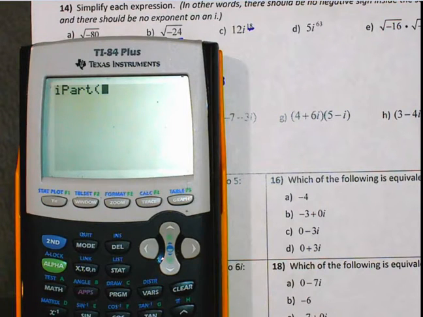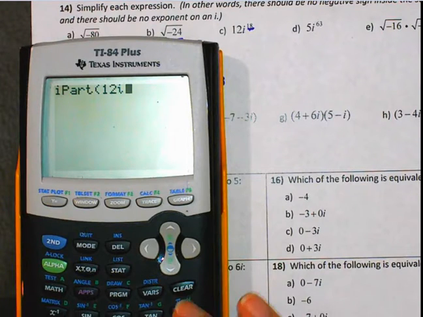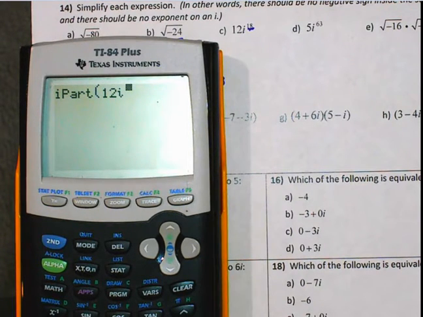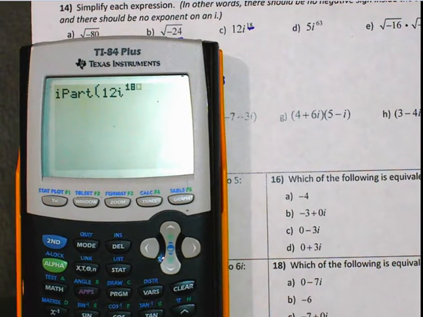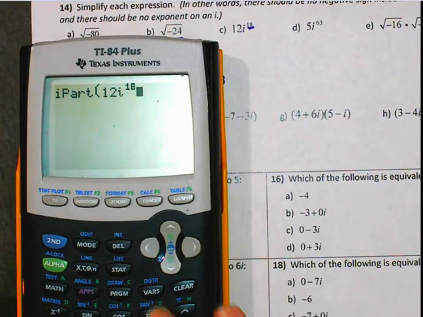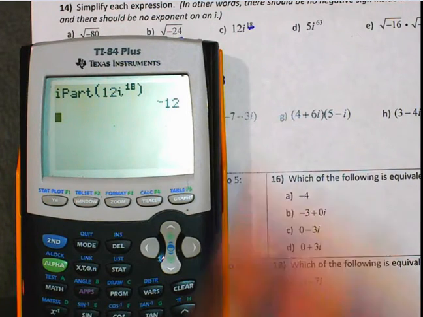And then we have 12. i is right here where the decimal is, so you have to do second i, the decimal. To the power of, which is the little caret, and this one's 18. Arrow out, close the parenthesis, press enter. Negative 12 is your answer.